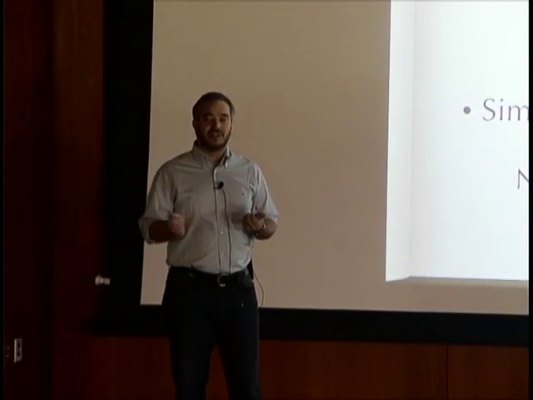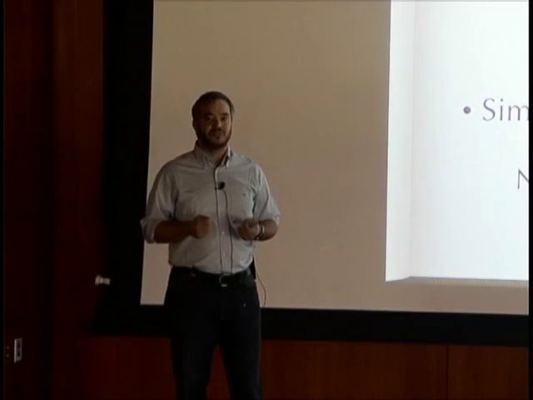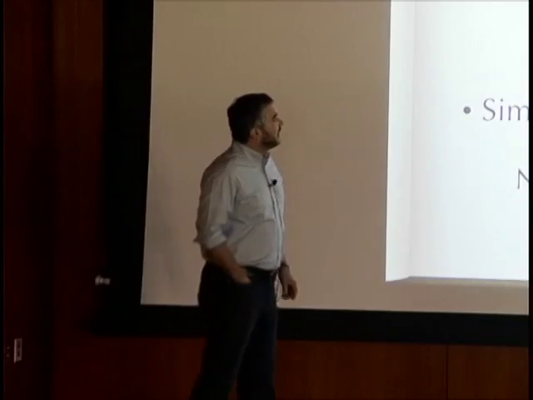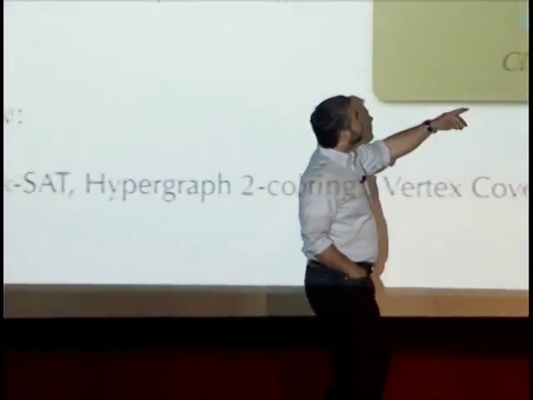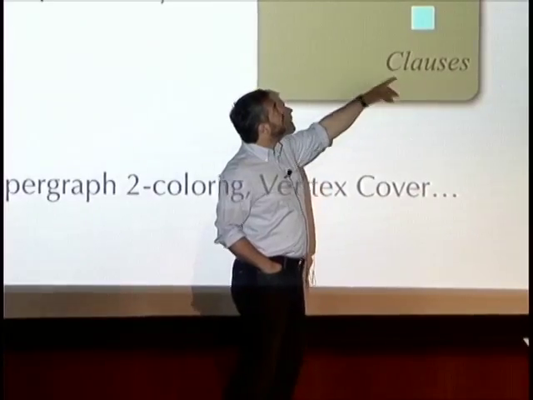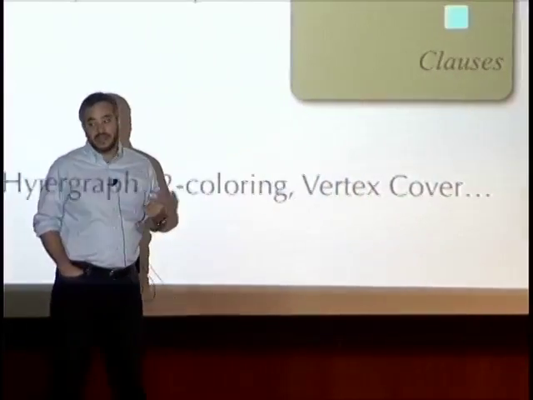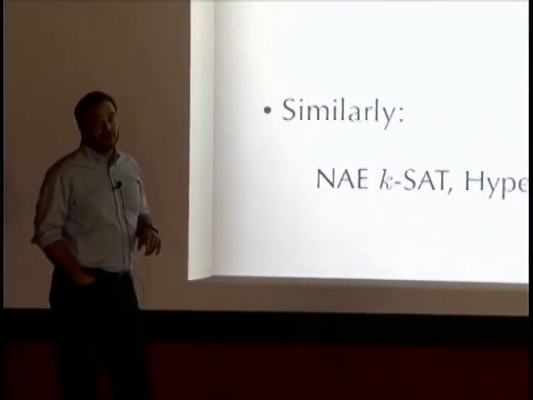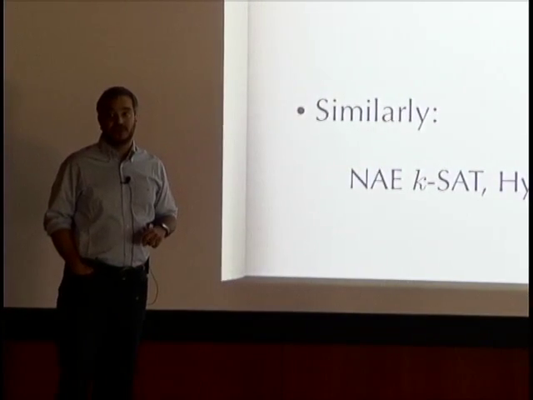So we only draw a linear number of objects, so it doesn't really matter whether you do it with replacement or without replacement. And then in this picture, every constraint, that is every vertex on the right, has degree k, and I use white and red just to denote whether this particular variable is negated or not in the constraint.